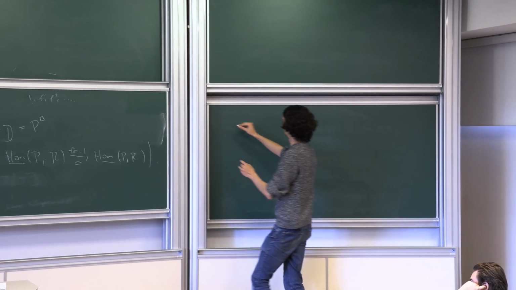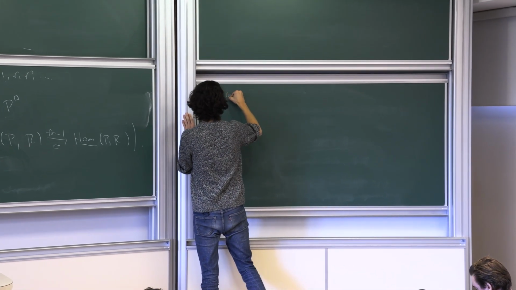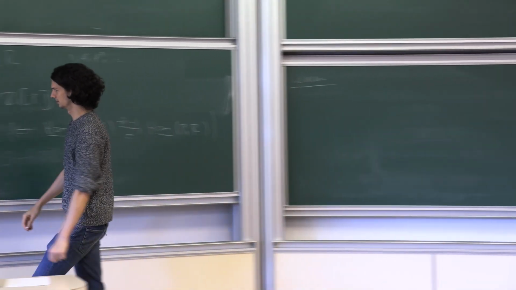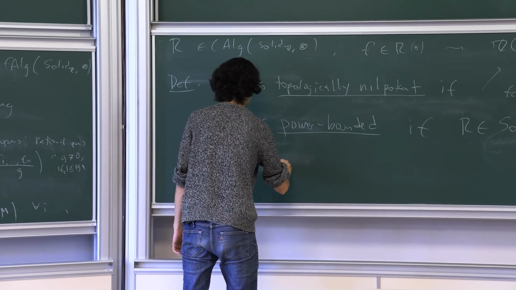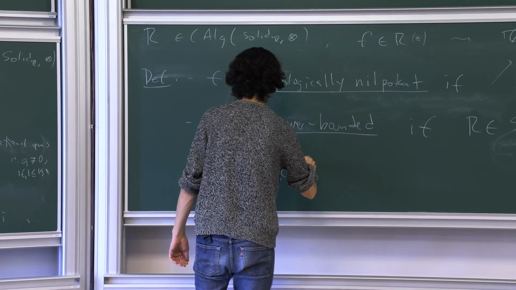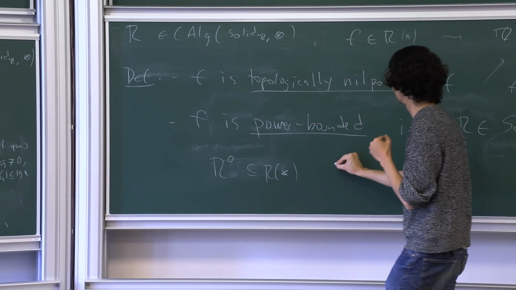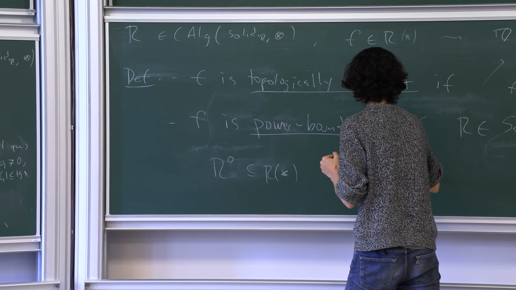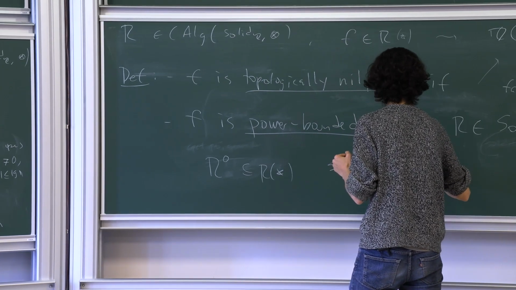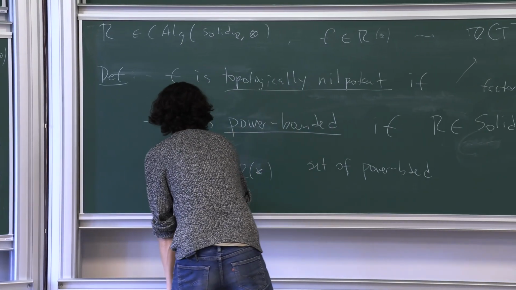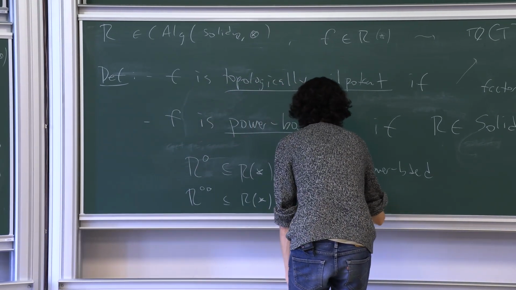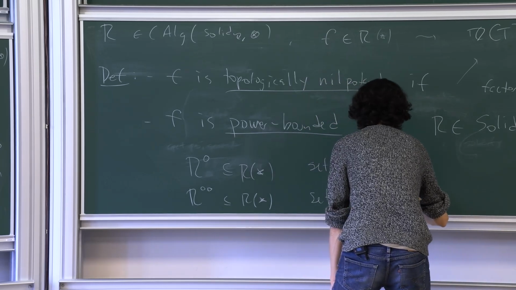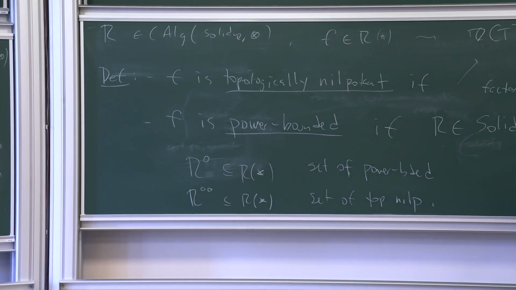Right. So here's a lemma giving basic properties. We write R^0, which is again standard notation in Huber's theory, for the set of power-bounded elements, and R^00 for the set of topologically nilpotent elements, which is a subset; I'm going to prove that.